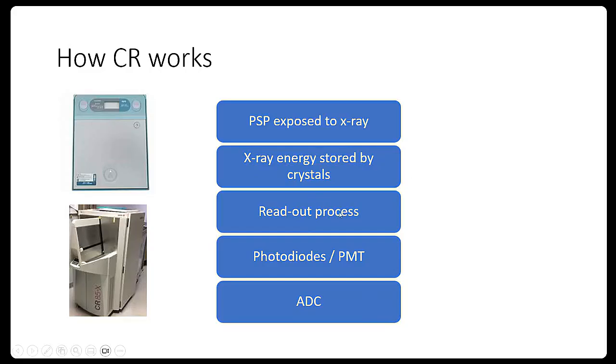During the readout process, when they are scanned with the laser light, the electrons fall back to their original level and emit light. That light is collected by photodiodes or photomultiplier tubes, and then the signal is converted into an electric signal with the help of an ADC. ADC means analog to digital converter, and thus the image is formed.